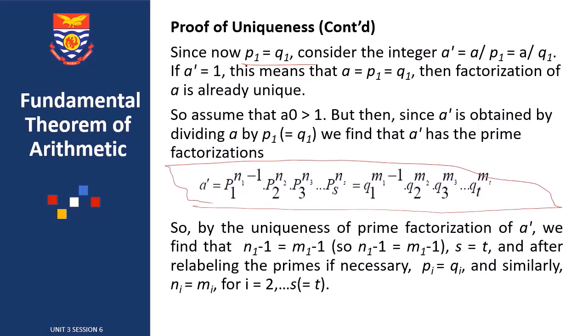By the uniqueness of prime factorization of A prime, we find that the statements are all true, and after relabeling the primes if necessary, Pi equals Qi, and similarly Ni must be equal to Mi for i from 1 to s. And that proves the fundamental theorem of arithmetic. Go through the proof in your course material, it is all there.